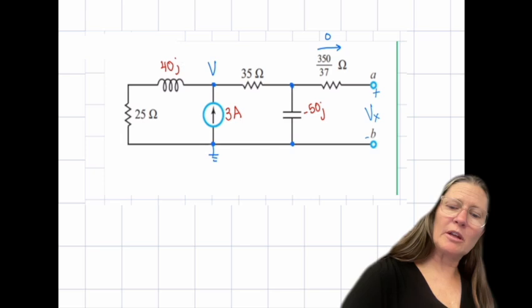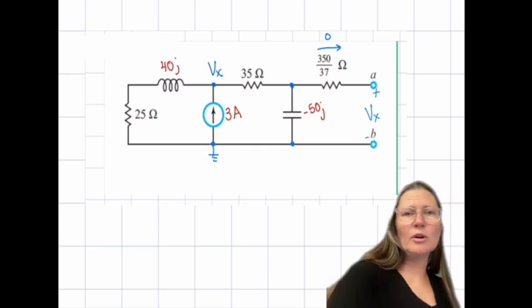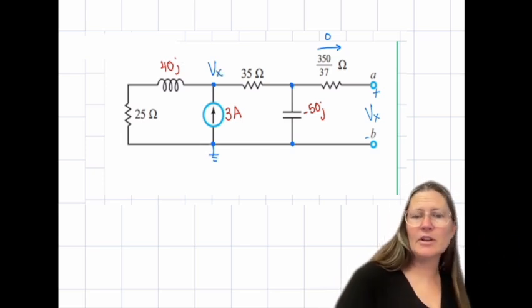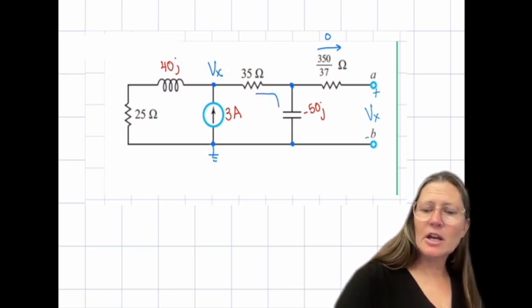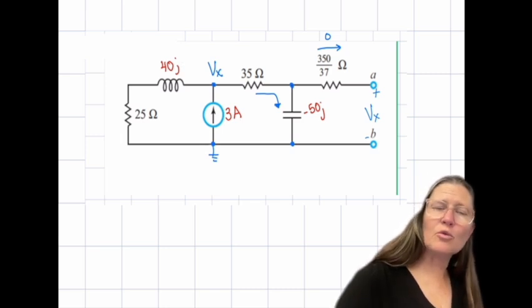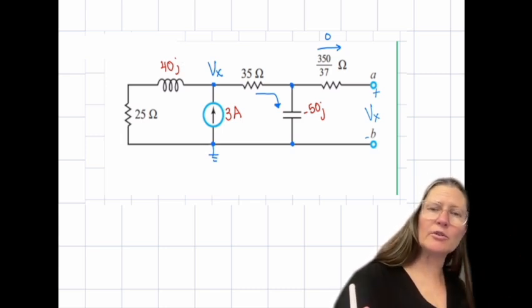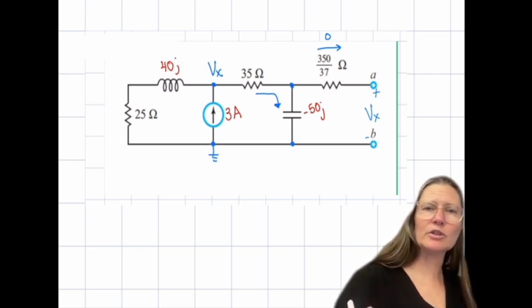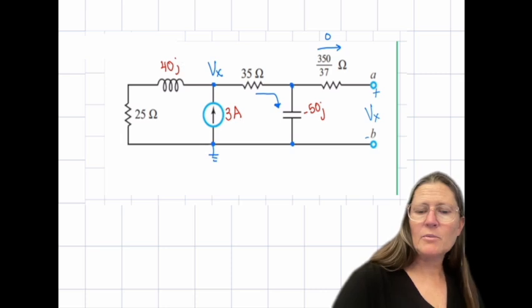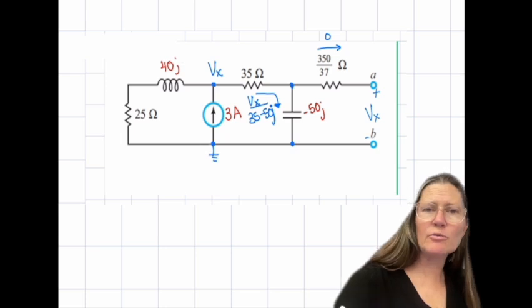So I would label just one node, do node voltage, find Vx, and then find the current, or you can define everything with another node and then find that node voltage, either way. But this current will be Vx over 35 minus 50J. So this would be how you write that.